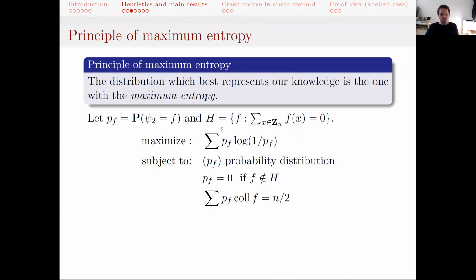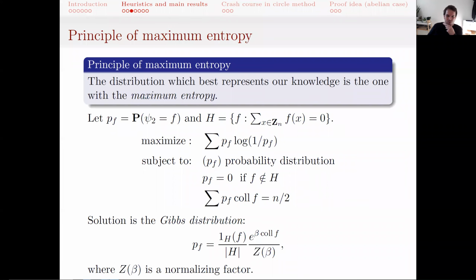So we want to maximize entropy, which is defined this way, and the conditions are that the P_f must form a probability distribution, which has to be supported on H and also have this expected number of collisions.